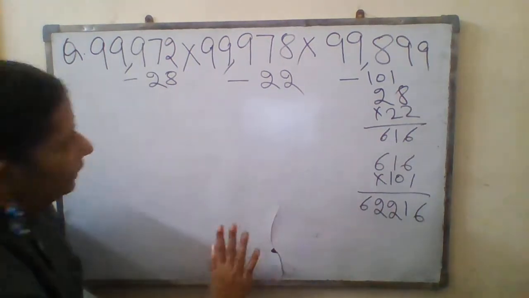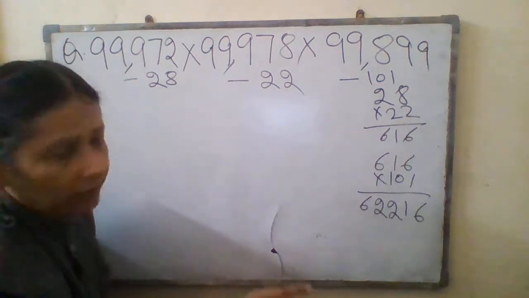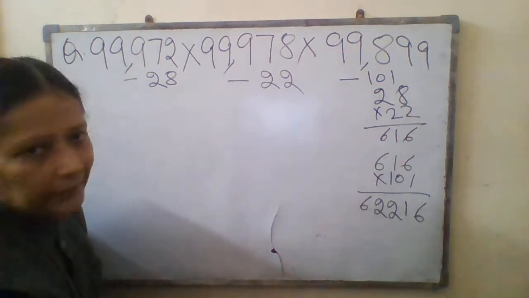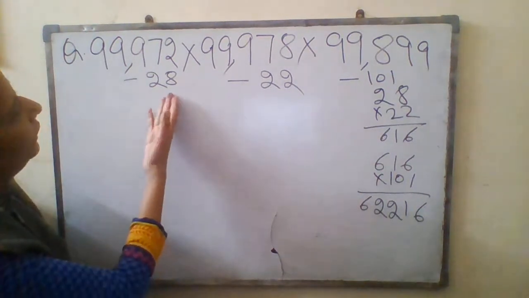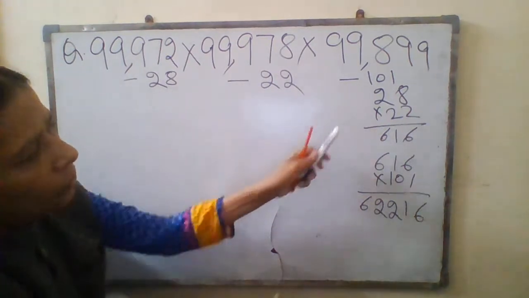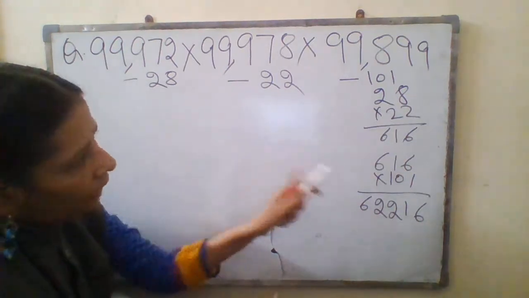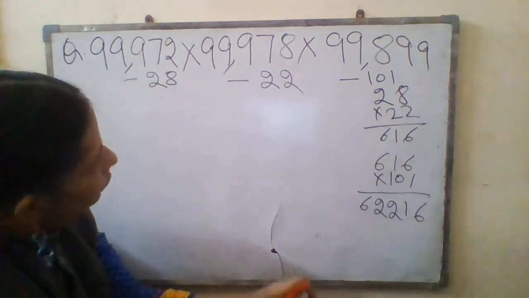Now you see, I have rubbed all the tricks. Okay. But when you have to solve this, you have to do the multiplication of 28, 22 and 101. So here in the last, I have just written this. Now how will it be useful to you?